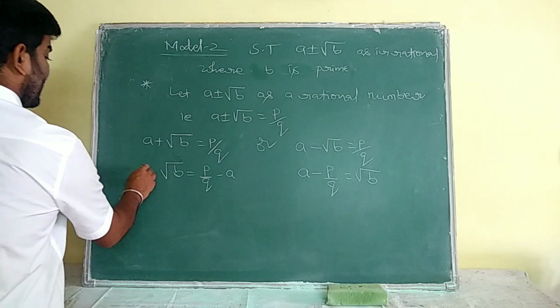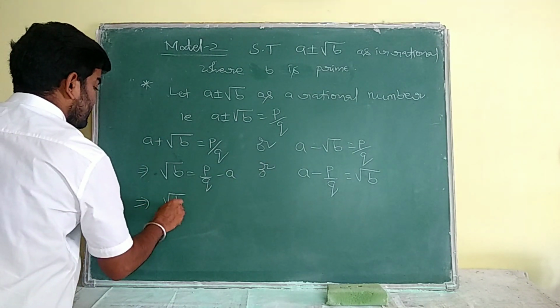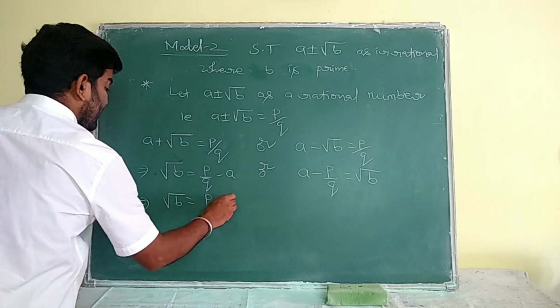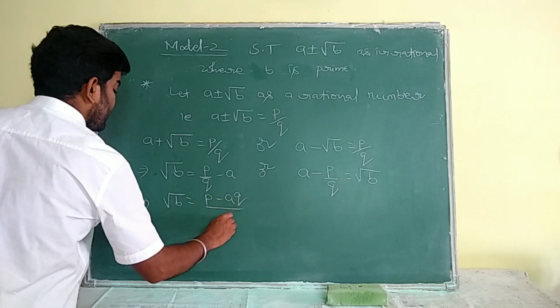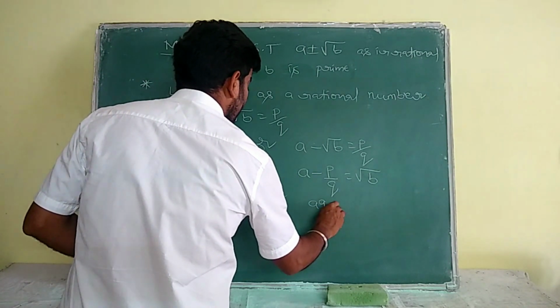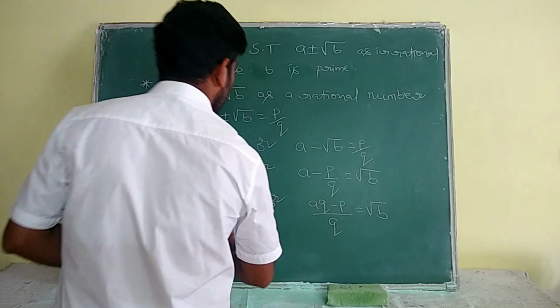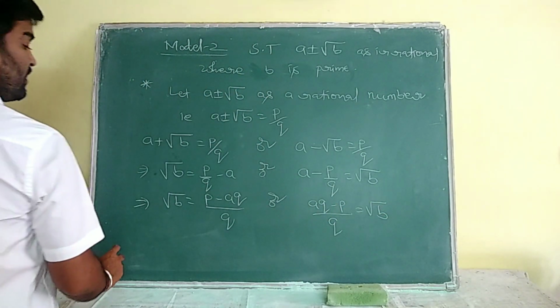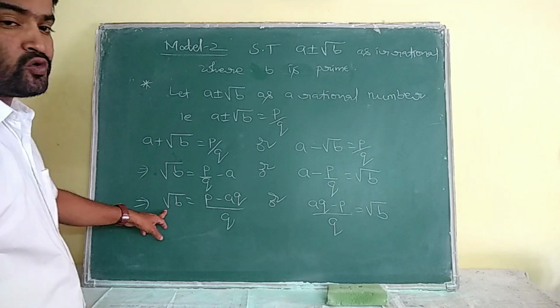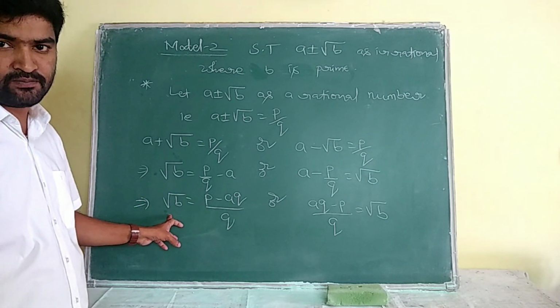Now take the LCM here. Root b is equal to p minus aq by q, or aq minus p by q is equal to root b. These are the two different values. Now we know that root b, that means root over a prime number, is always an irrational number.